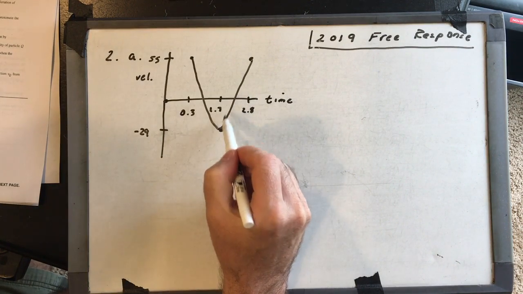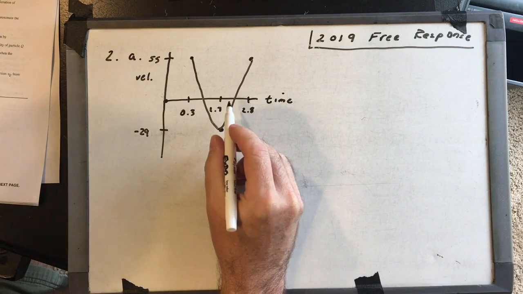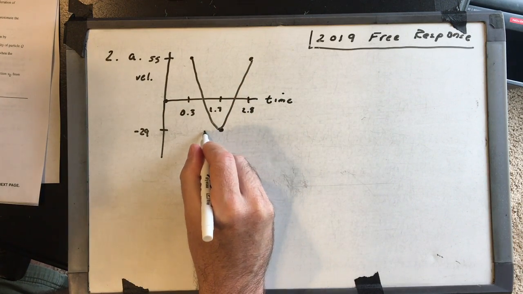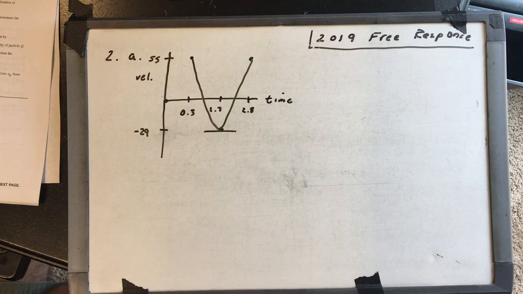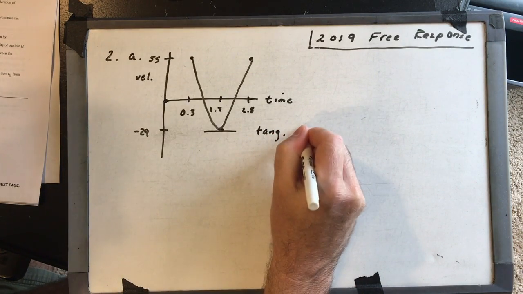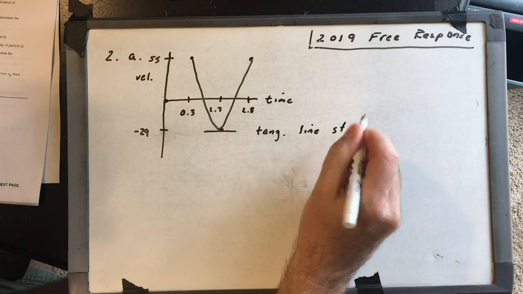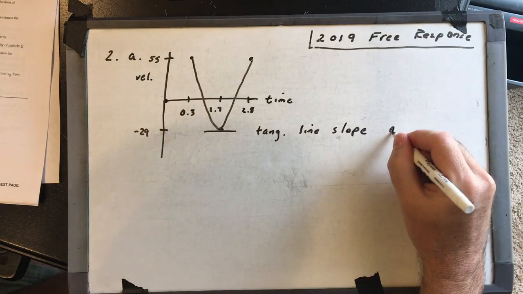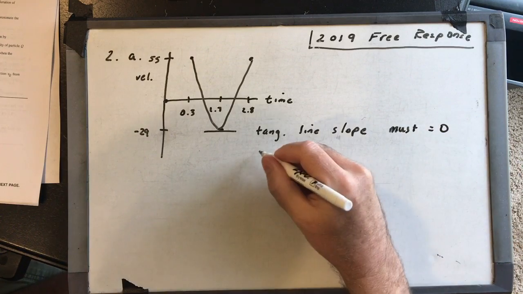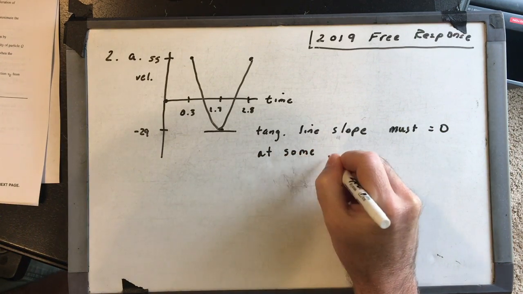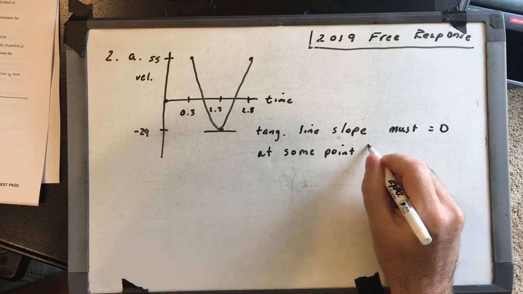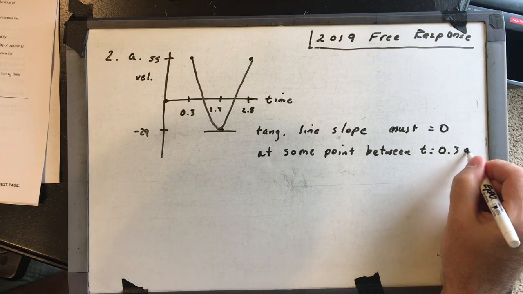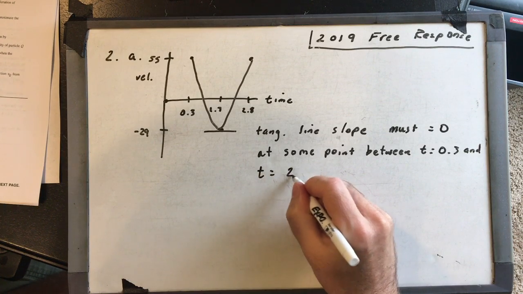We don't know if the graph looks exactly like this, but we do know that somewhere along the way, if it's going to go positive to positive again, there has to be a tangent line slope that must equal 0 at some point between t equals 0.3 and t equals 2.8.